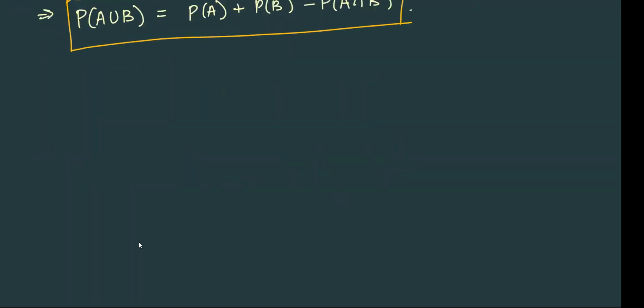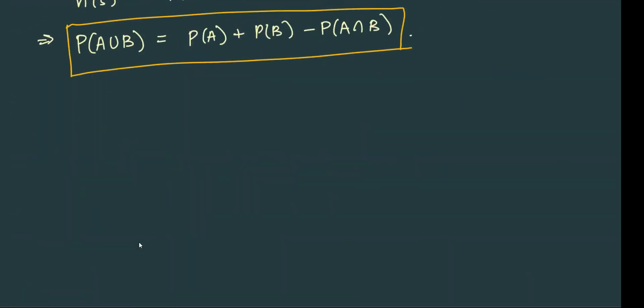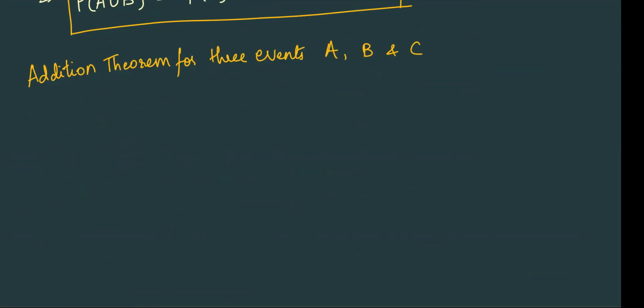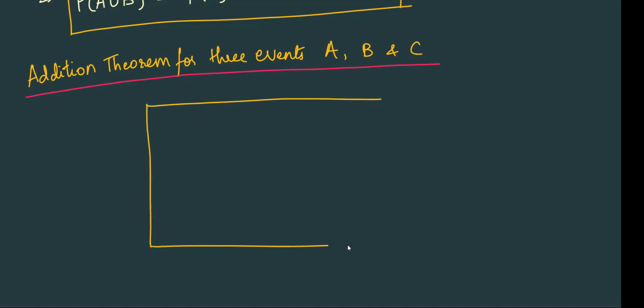Now, if we go for 3, the addition theorem for 3 events A, B, C. This is n of S, the size of the sample space.